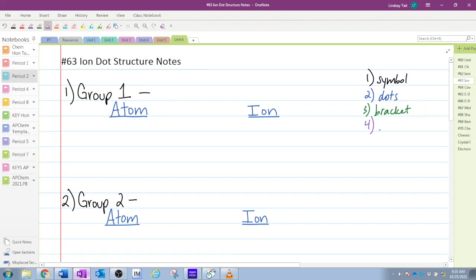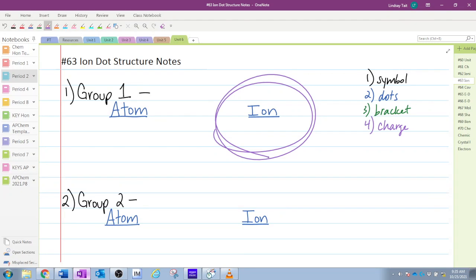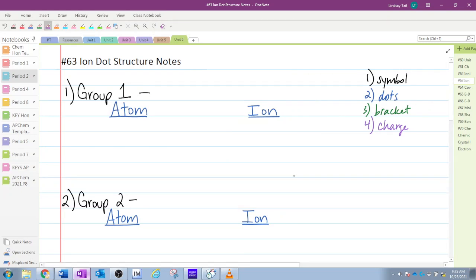And then step 4, outside of the brackets, we are going to write the charge of the ion. So those are the 4 steps that I'm going to be using every time to write the dot structure for an ion of an element. So here we go.